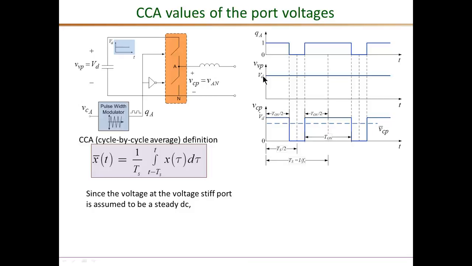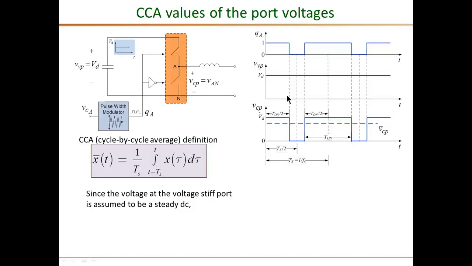Again, in an average sense, the voltage port voltage, which is VVP, where the suffix VP stands for voltage port, is required to be a constant DC. Therefore, its instantaneous as well as its average value is simply VD. So VVP is VD. The other port voltage, the current port voltage, which is VCP, where CP stands for current port, is this waveform.